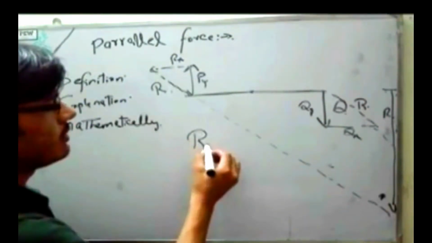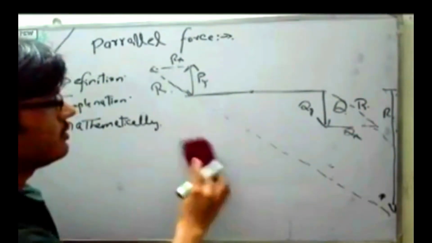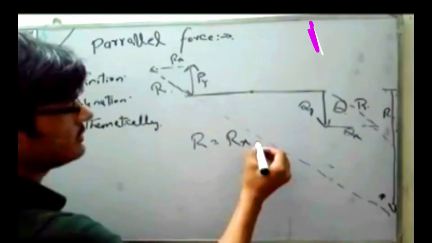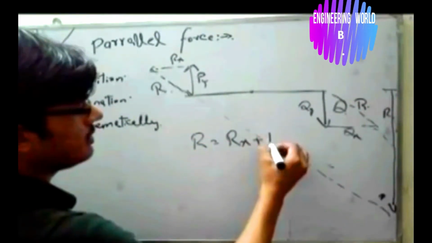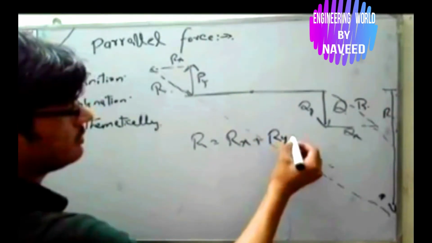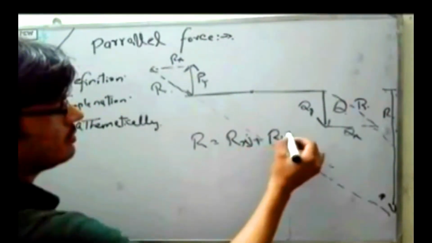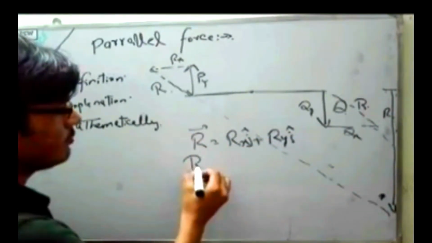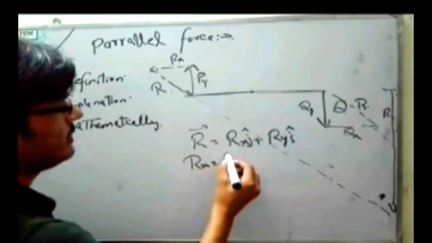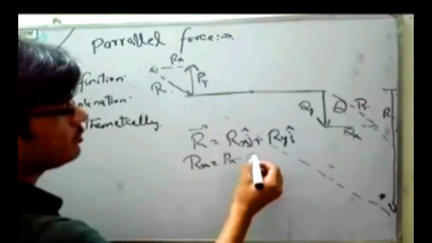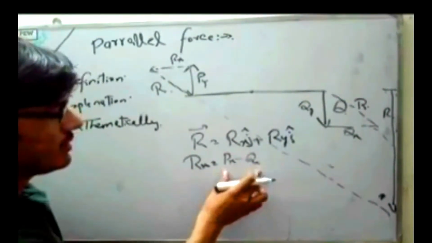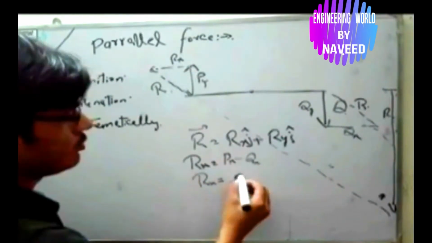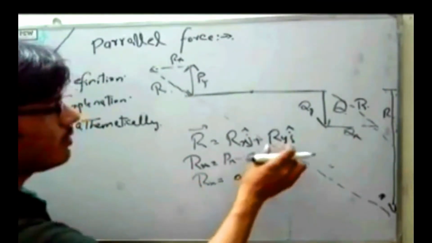Now come toward the mathematical form. The mathematical form is R is equal to Rx plus Ry. Now the x component of this resultant is Px minus Qx, which have the same magnitude, so the resultant component in the x direction will be equal to 0.